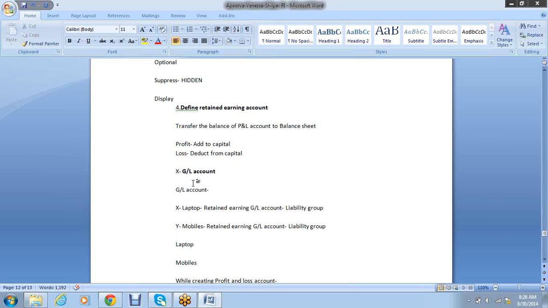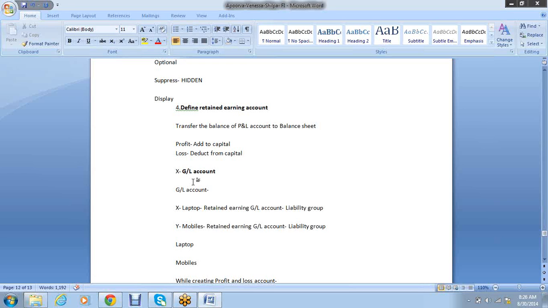Otherwise the main purpose of maintaining X and Y is to have a separate profit and loss account. If you cannot choose, then there is no use. I was wondering if it is two profit and loss accounts, or through one you can condition it. Correct, we can combine it via one, individually or combinedly also.